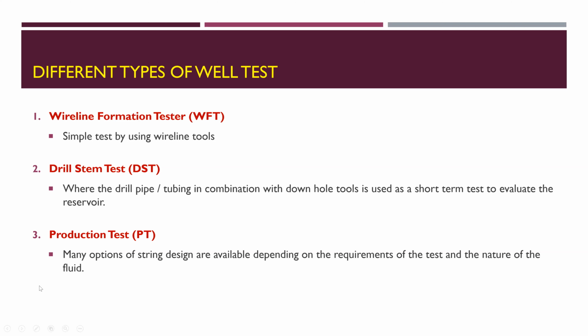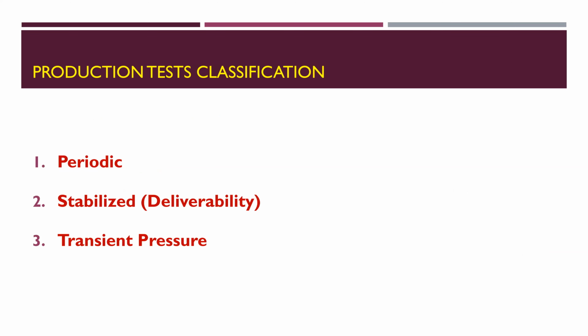For the production test, it can be split into 3 other types of test: periodic, stabilized, and transient pressure. The periodic one is the one that we do from time to time as a process, as part of reservoir monitoring.